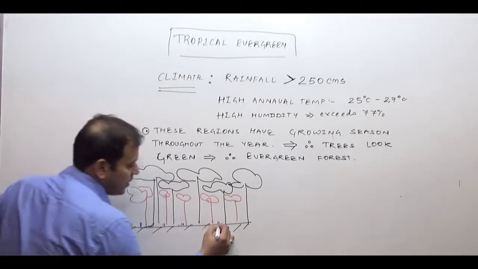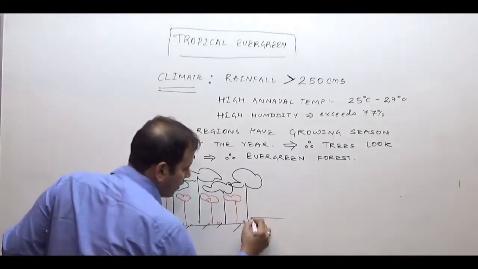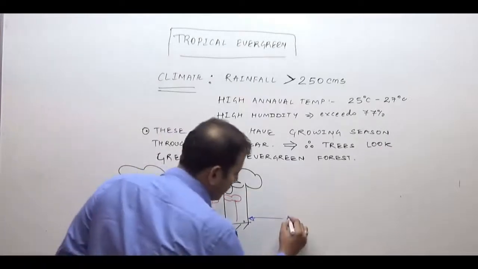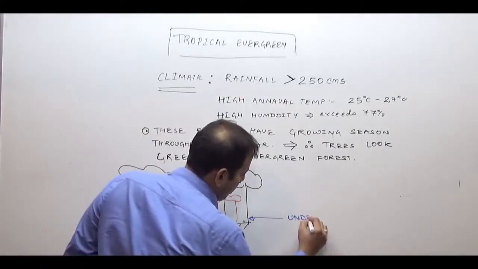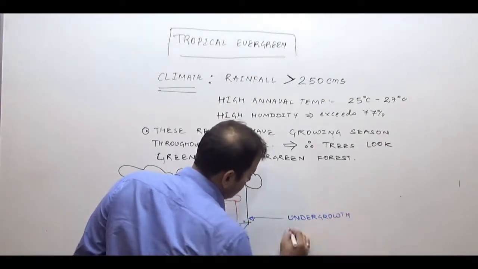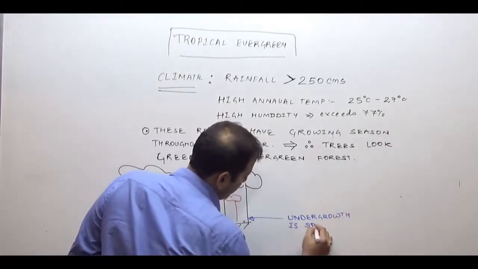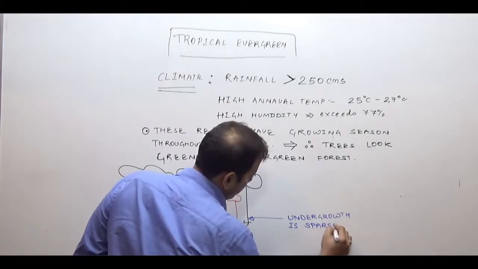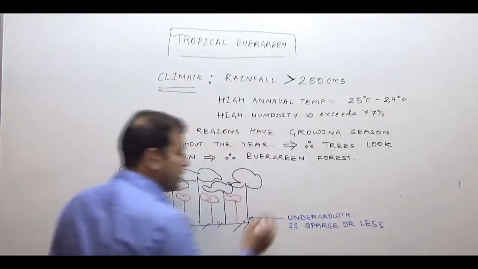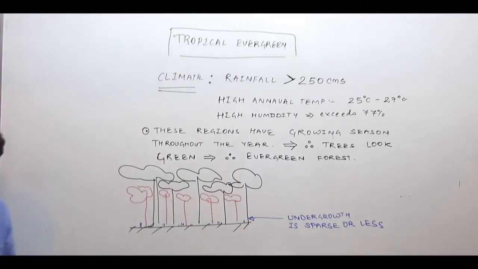It has very sparse undergrowth, that is, the growth from the ground is not well developed. So in this region, why is the undergrowth sparse or less?